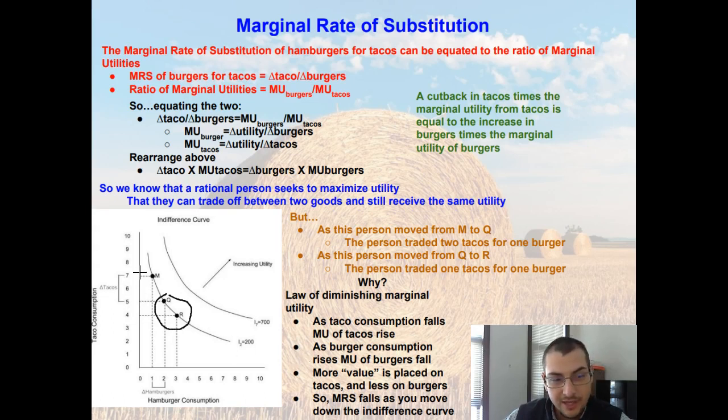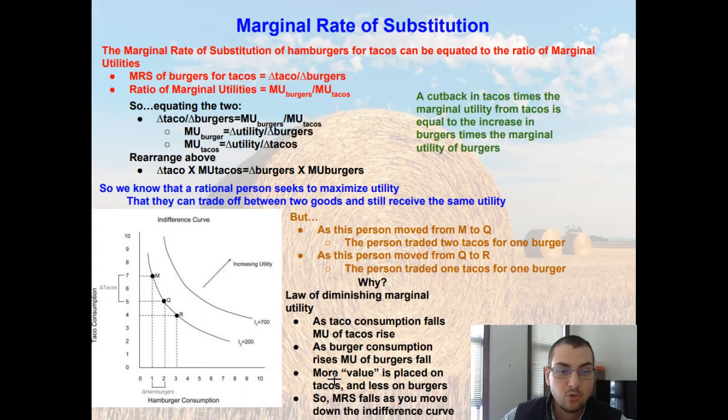So as we move down this iso-utility curve, we see that the marginal utility of burgers actually falls because we're consuming more burgers. So the value that we place on these burgers is falling because we're consuming more burgers. But by the same token, as we move down this indifference curve, the amount of tacos that we consume falls, which means the marginal utility of those tacos rises.